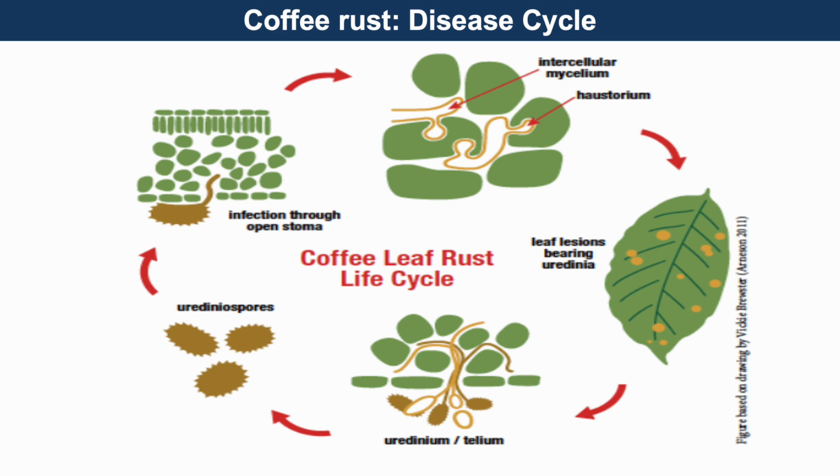The sexual stage involving basidiospores has not been fully identified, and the fungus may be autoecious, meaning it can complete its life cycle on a single host without an alternate host.